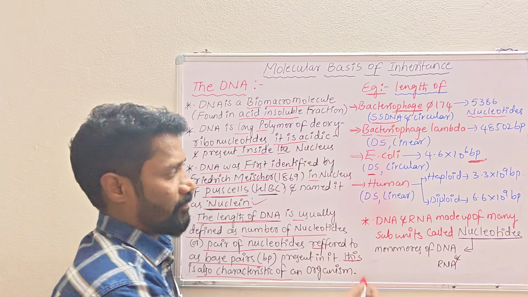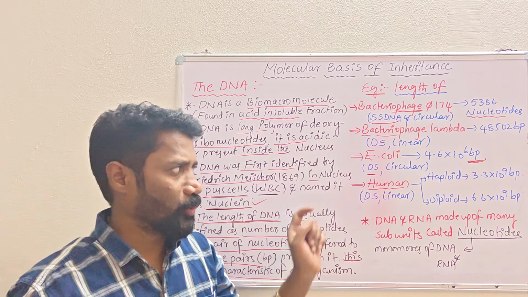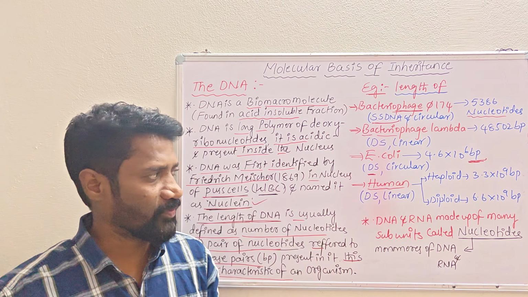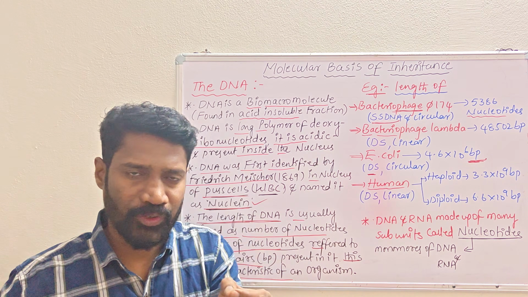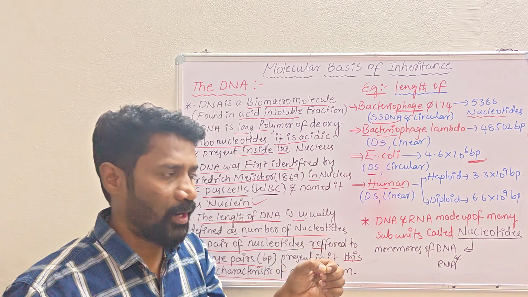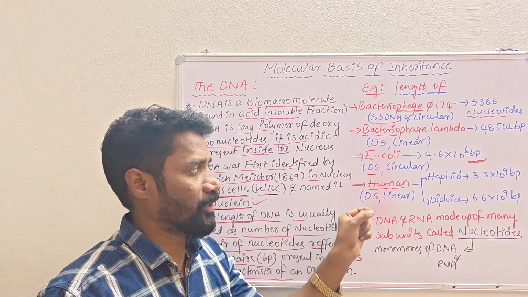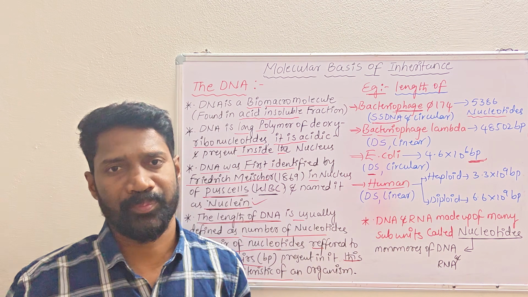After that, human beings. In human beings, we can consider the length of the DNA in two ways: one is haploid content, one is diploid content. The length of the DNA of haploid content of human beings is 3.3 into 10 to the power of 9 base pairs.